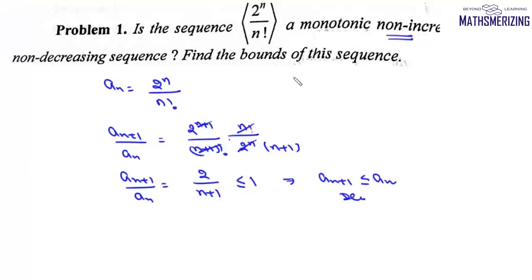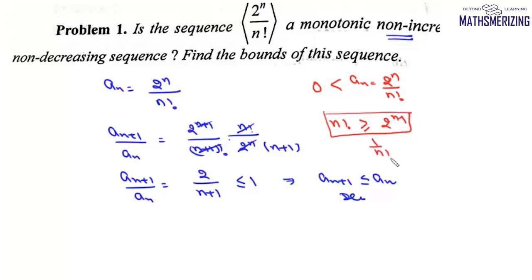Now we have to find bounds of this sequence. Now we know that a_n is defined as 2^n upon factorial n, and it is always greater than 0. Now we need to find its upper bound. Now we know that factorial n is always greater than or equal to 2^(n-1).